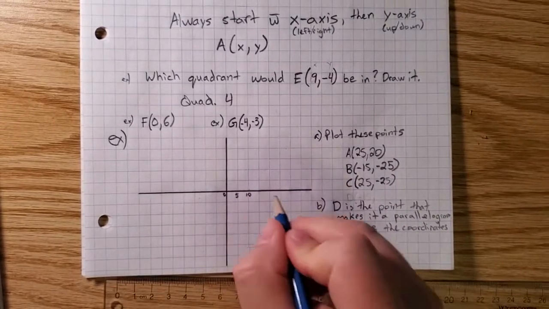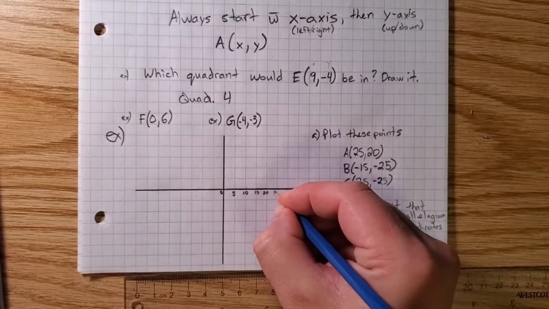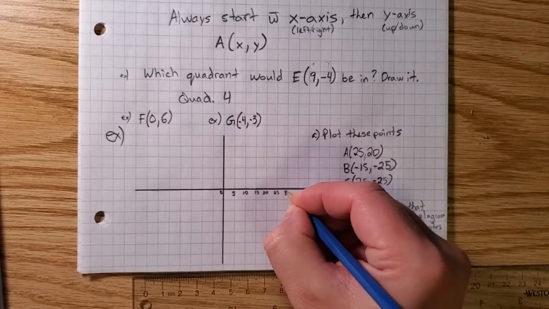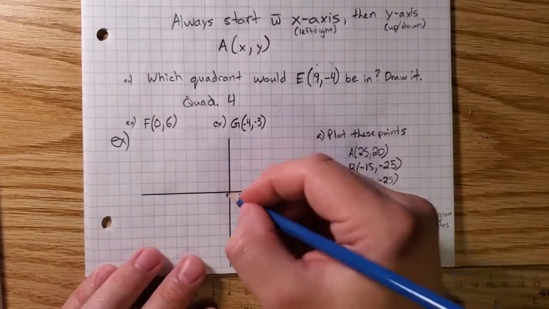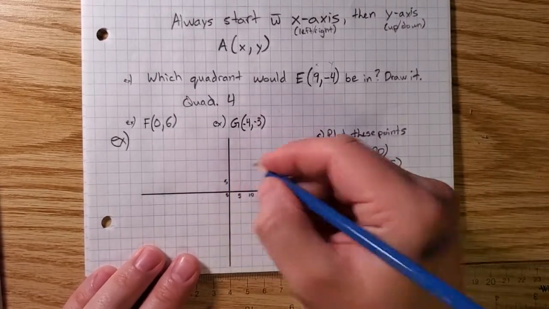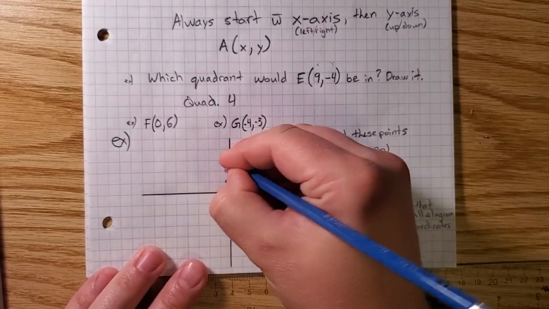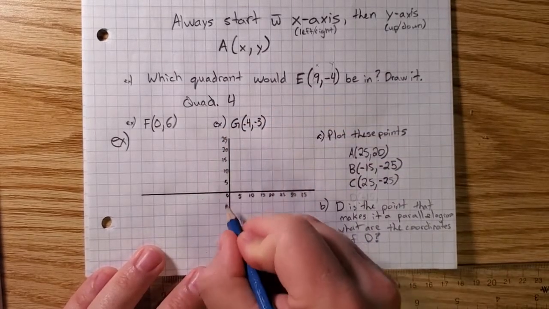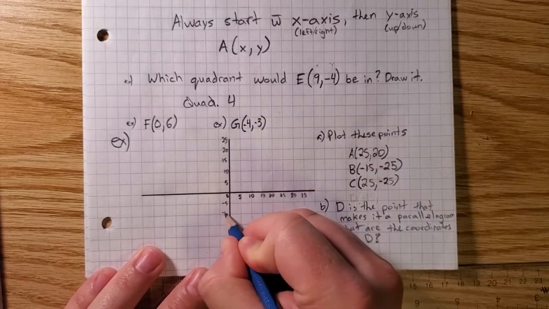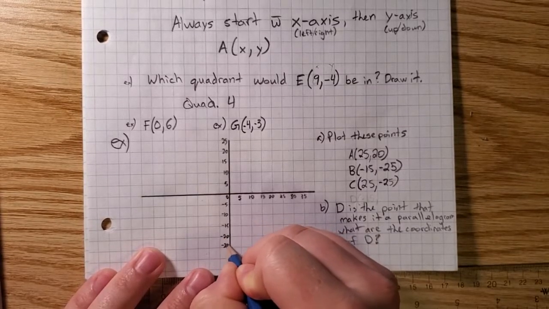So you go 5, 10, 15, 20, 25, 30, 35. And here, going up, we go 5. Just keep it consistent. If you're left side of the line, keep the rest to the left. Okay. And then it goes -5, -10, -15, -20, -25.